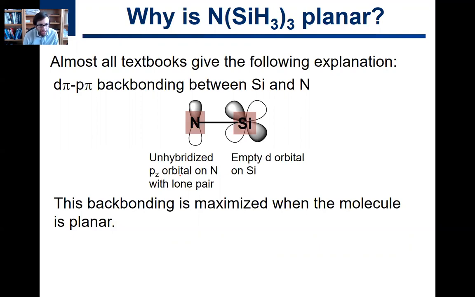So the second thing to say that is maybe more to the point is that this explanation of d-pi, p-pi back bonding is actually completely false. And so if you run modern day calculations on this, you'll actually see that the amount of back bonding here is relatively little.